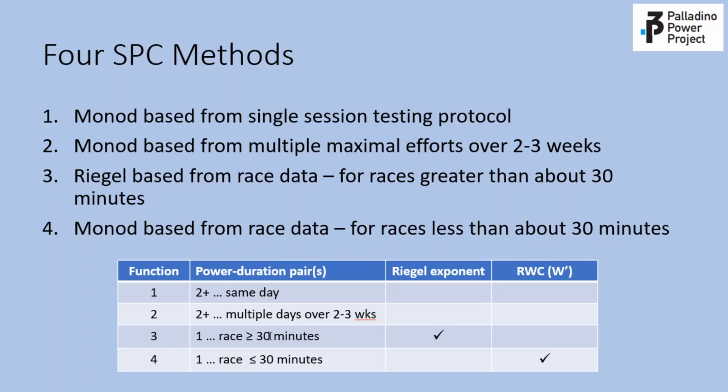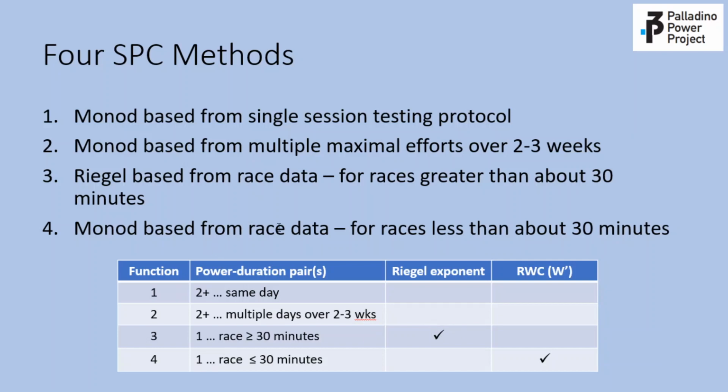It could be a time trial, but generally they're for races, but a longer time trial, greater than or equal to 30 minutes, that you just pop that data in and you need a Rigel exponent. So you need those 2 components to estimate FTP from this calculator. Again, we have the Rigel lookup. If you don't feel comfortable finding your own Rigel exponent, we have the help there.